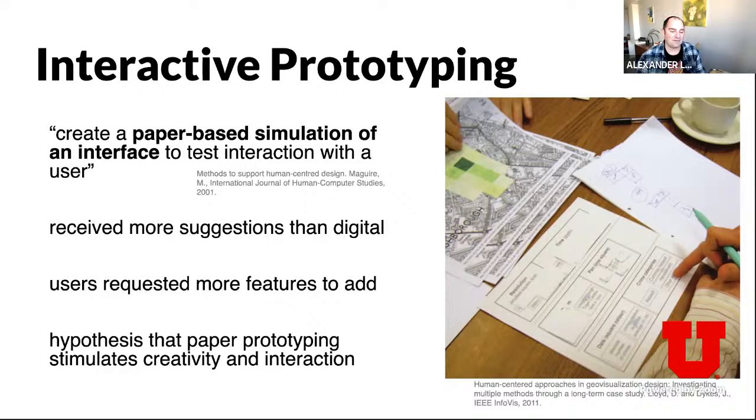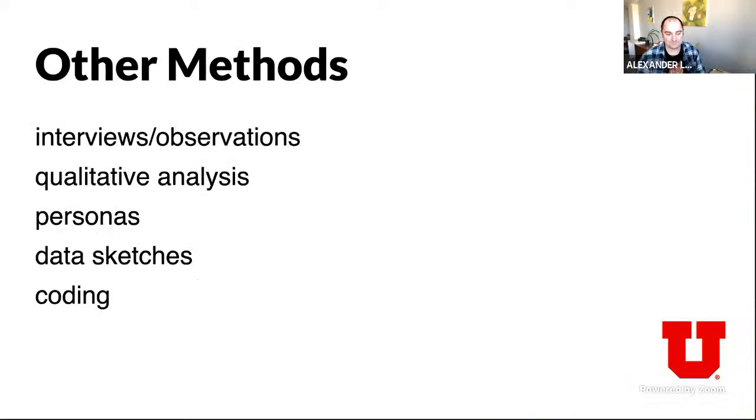In this paper, they found that using paper prototypes leads to more creativity and interaction, and people tend to think of it as less final, and they are more open to suggesting alternatives or raising issues than they are if they see a polished wireframe prototype.